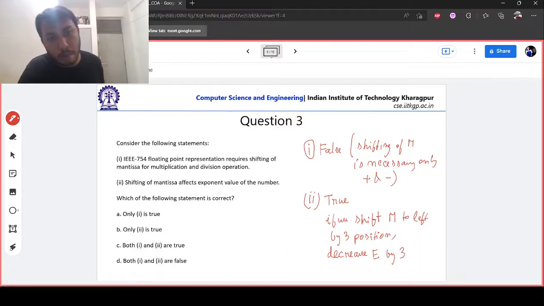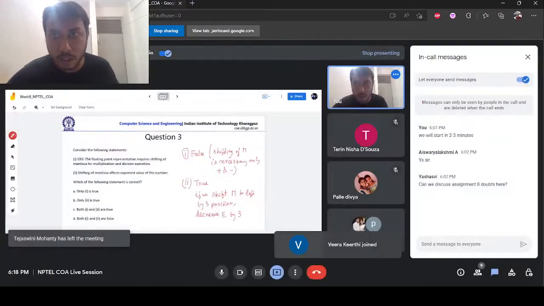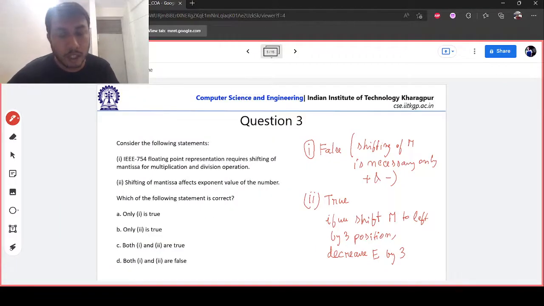So if we shift the mantissa by 3, we have already seen in the first example that shifting means we are basically dividing it by 8. We saw that shifting the fraction basically means division or multiplication.